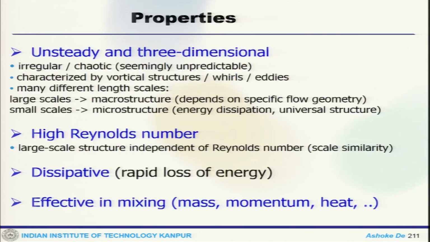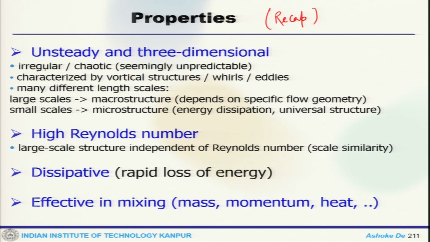Now with that information, we can move to the modeling aspect and look at the critical features that one has to take care of while talking about modeling. Just to recap the properties, which is where we started off: the flow is truly unsteady and 3-dimensional, so it is essentially chaotic.